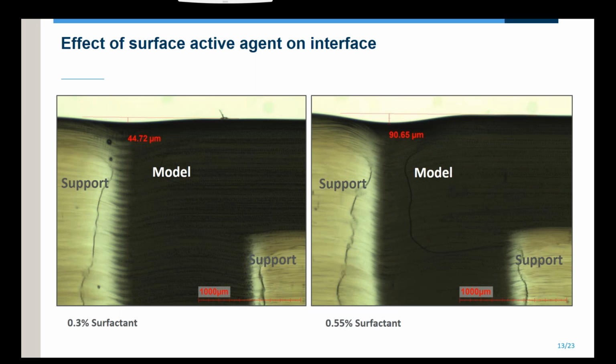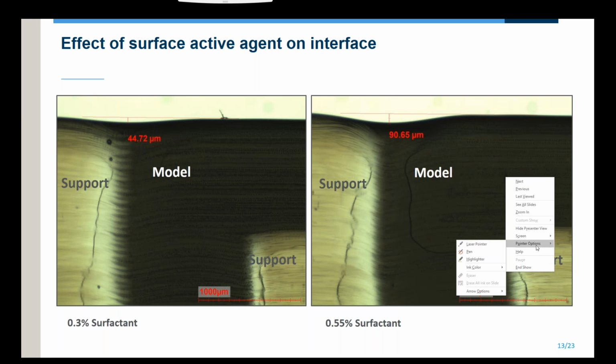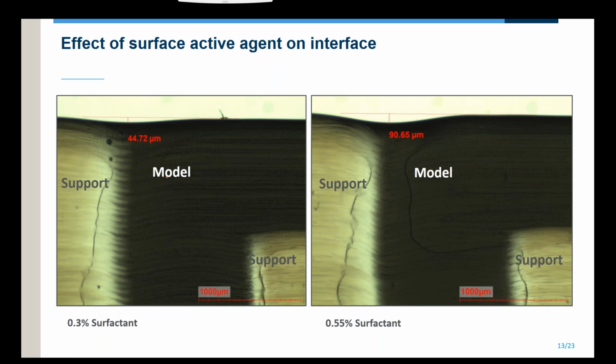And also, let me just get the pointer. If you can see these type of hairs here and here and on the other side, it depends also on the direction at which the printhead goes. So the printhead goes along the x-axis, as I said. At the beginning, it goes from left to right, and on the way back, from right to left.